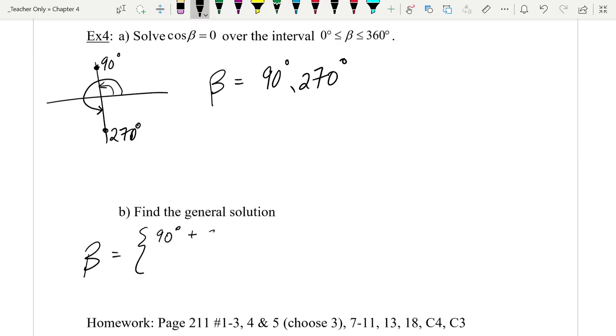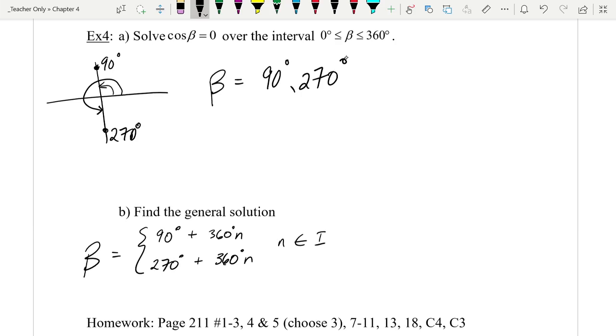So I can say 360 degrees times, now historically you can use any letter you want as this variable that just determines how many times you spin around, but for some reason almost every textbook uses k when you're doing radians and n when you're doing degrees. I have no idea why. So I'm going to say 360 times n, and the other one is 270 degrees plus 360 degrees times n, where n, again, is an element of integers.